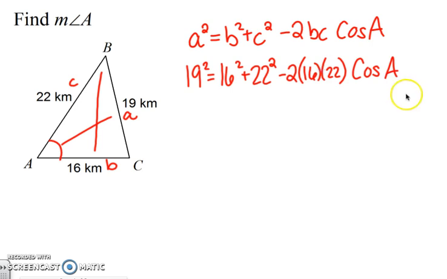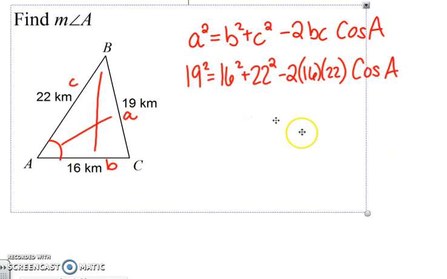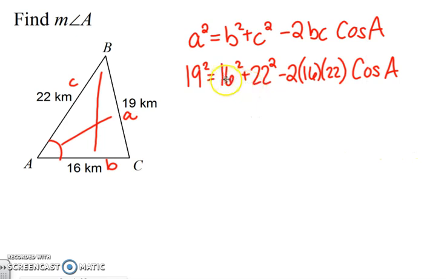Okay, so order of operations tells me I need to get rid of these two terms before I can get rid of any of these numbers because they are all being multiplied by cosine of A. So what I'm going to do is simplify 19 squared to 361. 16 squared is 256.